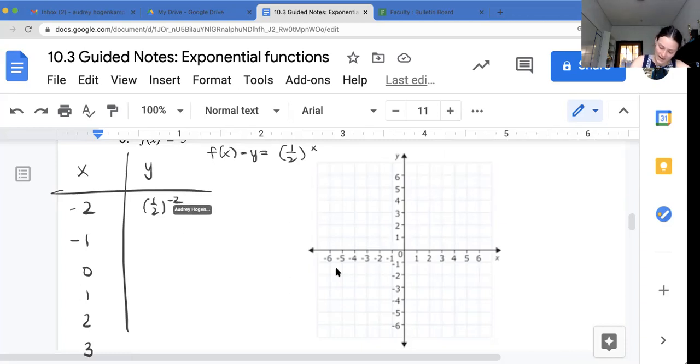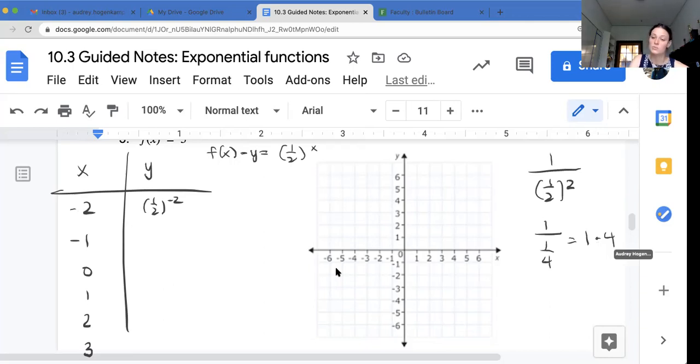Think about that as 1 over 1/2 squared, right? Because we want to make our negative exponent positive by tossing it in the denominator. So that's going to be equal to 1 over 1/4. And then 1 divided by 1/4 is the same thing as 1 times 4 over 1, because dividing is the same as multiplying by the reciprocal. So we get equals 4.